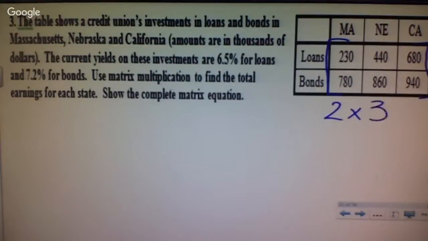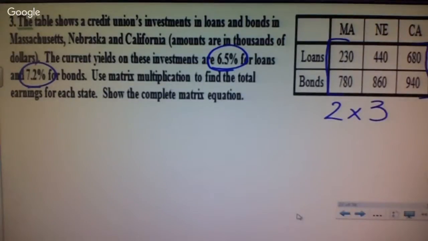This is a 2x3 matrix. Okay, this is a 2x3. Okay, all they give us in the word problem is 6.5% and 7.2%. How am I going to make my other matrix so I can actually multiply?